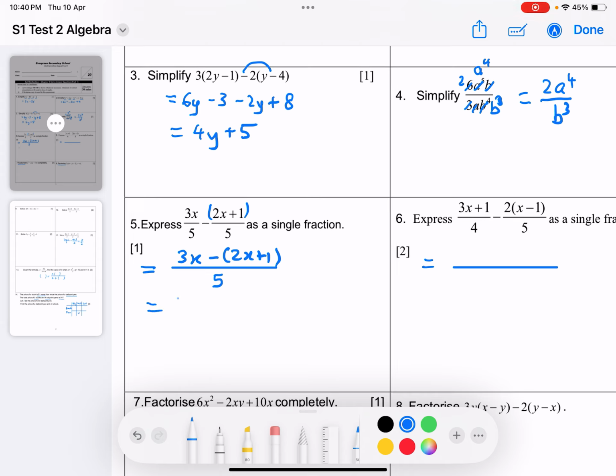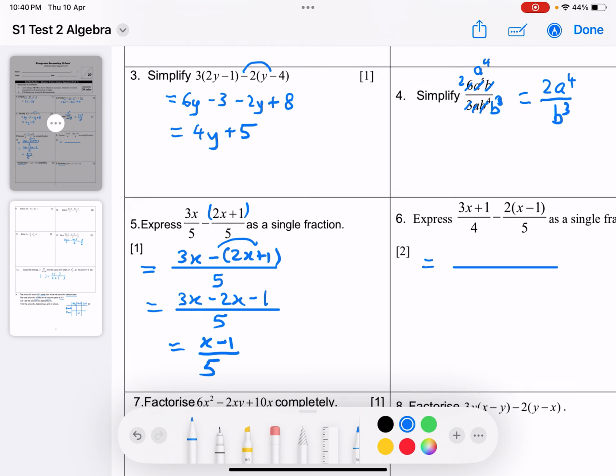So the bracket will remind us to change sign. Minus times 2x is minus 2x. Minus times plus is minus 1. So that gives us x minus 1 over 5.